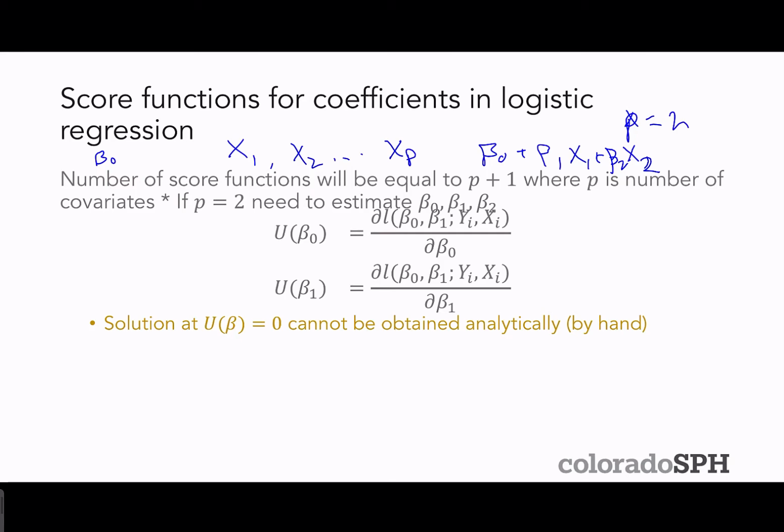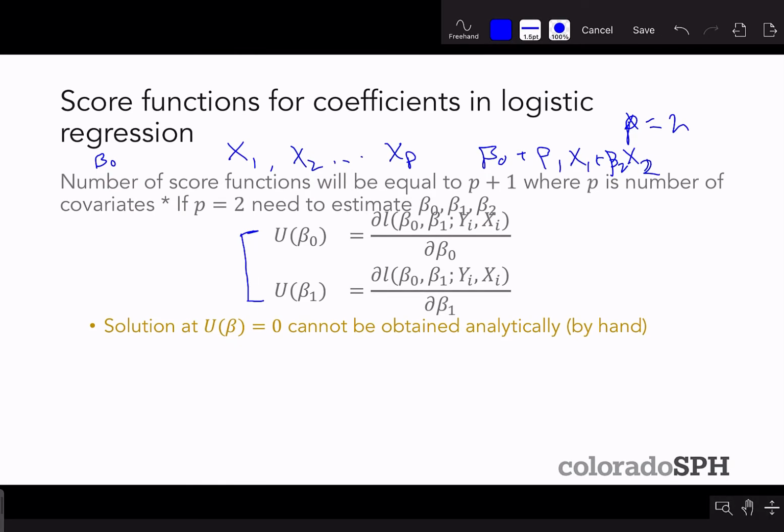In the example here, we only had p equals 1. So we only need to estimate the intercept and the beta 1 coefficient. And there's a score function for each one.